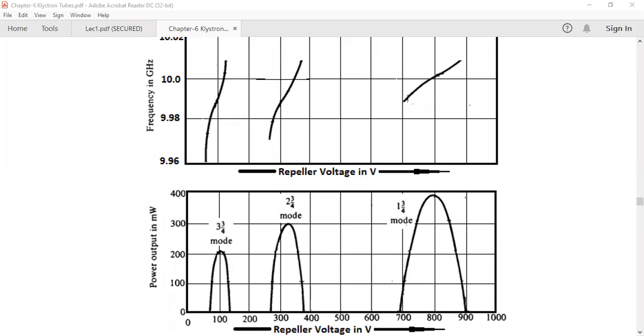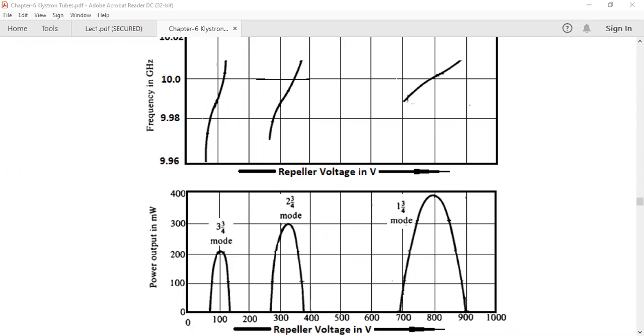First we need to calculate the velocity of the electron after leaving the buncher cavity. We already said that velocity modulation takes place. In the gap of the buncher cavity, the RF signal and the electron beam interact with each other, so there is a variation of the electrons depending upon the RF voltage, that is velocity modulation.